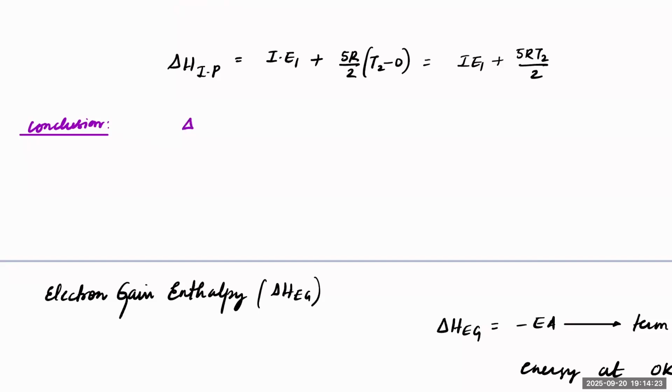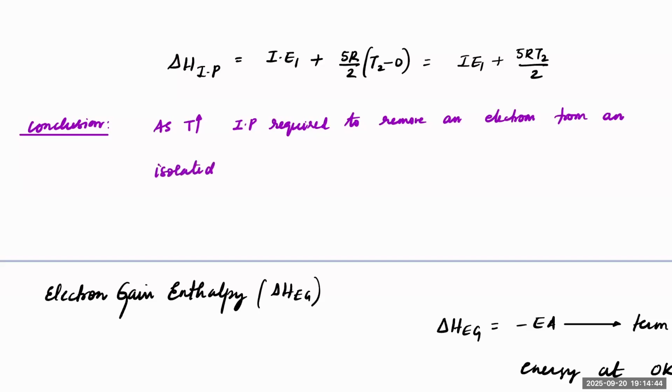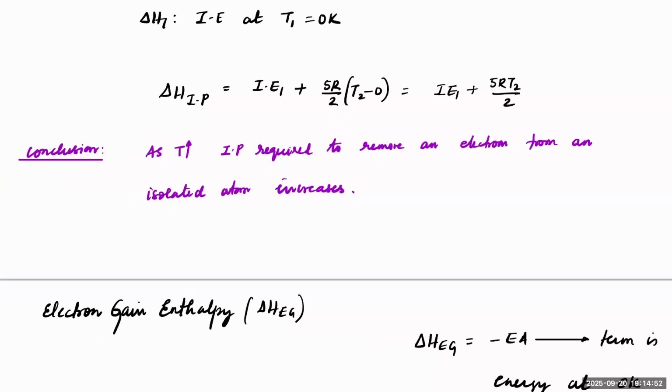So as temperature increases, the ionization potential required to remove an electron from an isolated atom increases. This is the conclusion. I guess this part is clear.